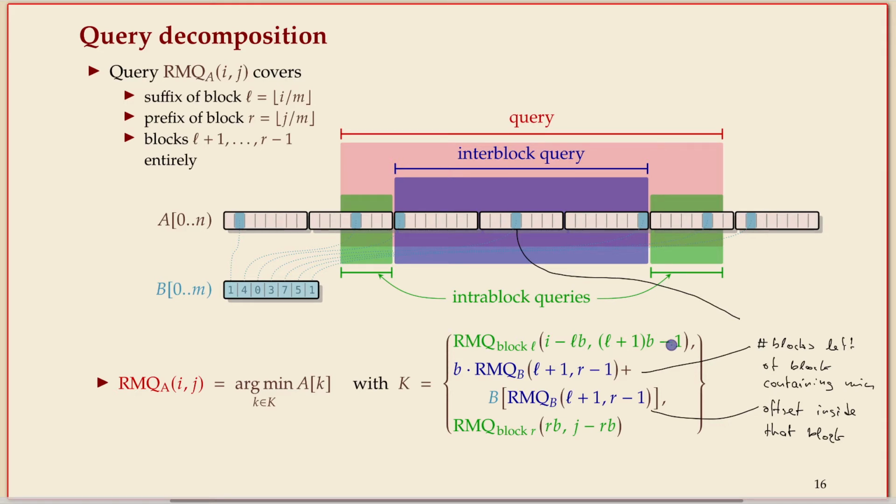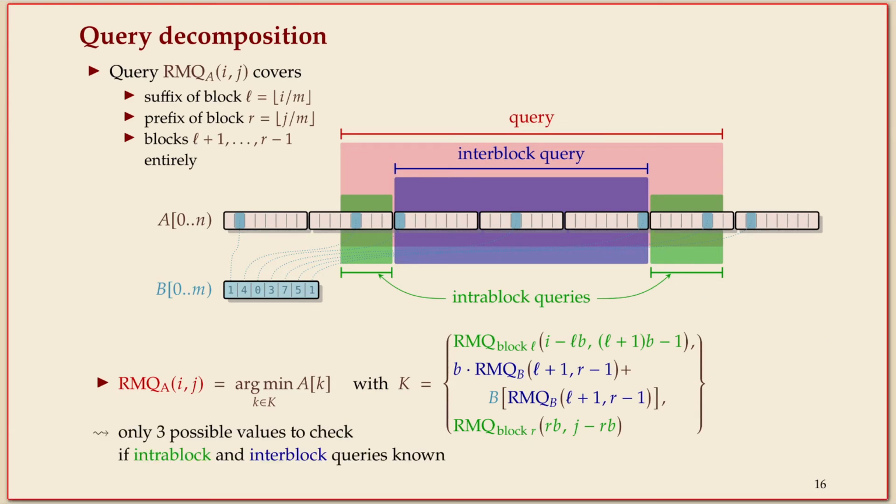For the green ranges, it's a little easier, and here you can restrict it. You could write RMQ with respect to the whole array A, but you can restrict it to just one block because we know it's inside a single block. So at the end, what I said already, we have 3 values to check, and that's easy to do.